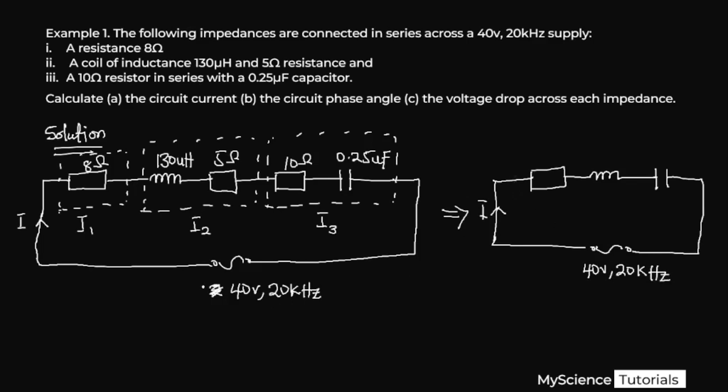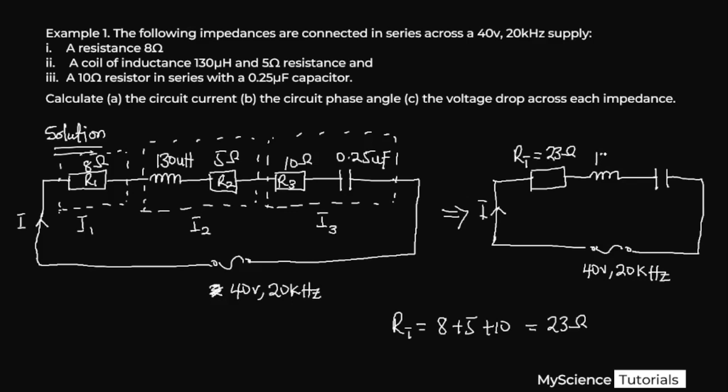Now the total resistance, let me make that RT, will be equal to R1, R2, and R3. So our total resistance, R total, will be equal to 8 plus 5 plus 10 ohms. If we add this, 8 plus 5 is 13, plus 10 gives us 23 ohms. So our total resistance is 23 ohms.